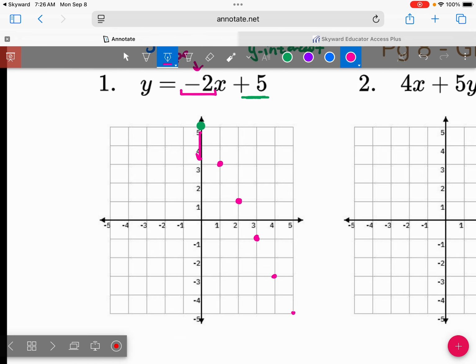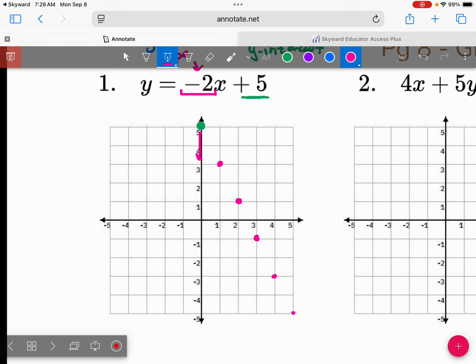I will come and sprinkle some rulers around. Because, especially since we're going to start looking at these systems, we really need our lines to actually be decent lines. There we go.